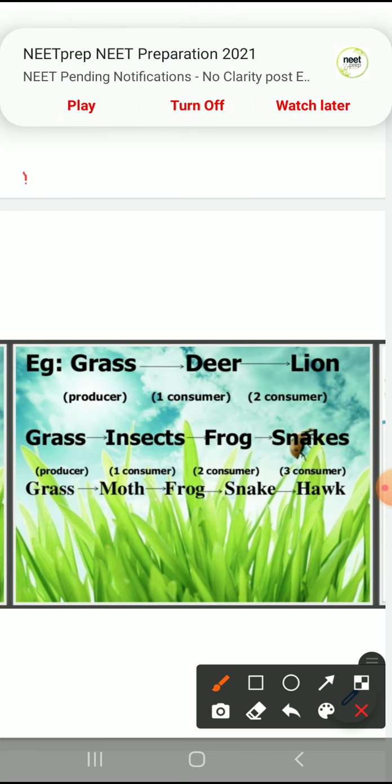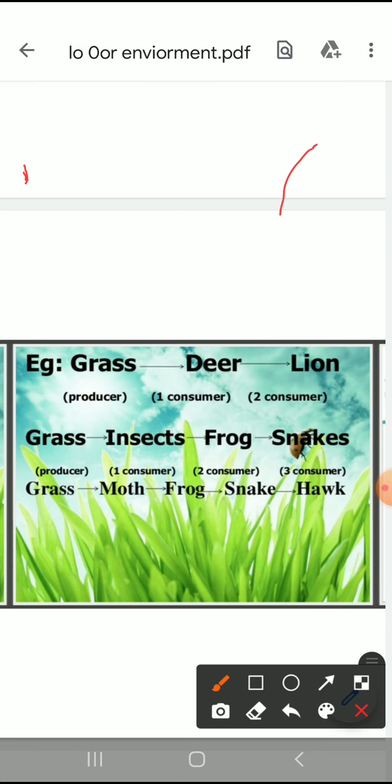Get it? Now, in this example, first the grass is the producer. This food chain tells us that the grass is the starting point, and the grass is eaten by the deer, and the deer is eaten by the lion.